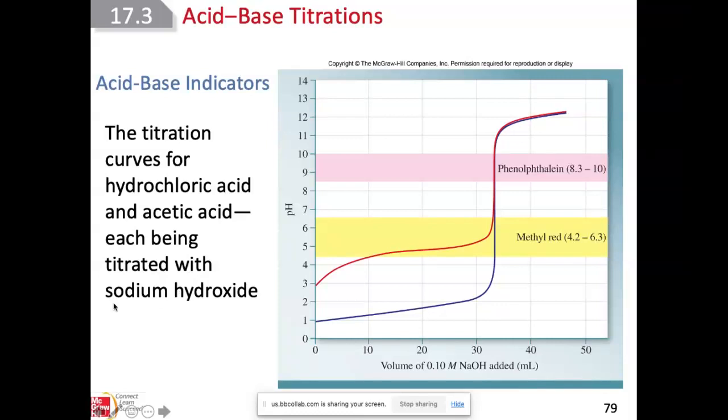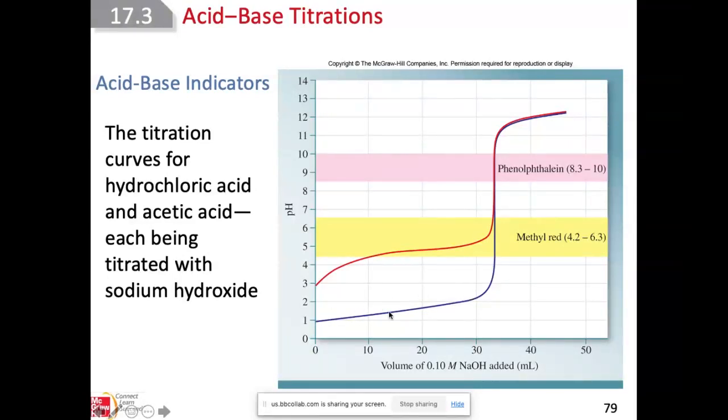So let's say I have hydrochloric acid and acetic acid, both titrated with sodium hydroxide. As you can see, this one should of course be hydrochloric acid, because it's a strong acid and the pH will be very low.